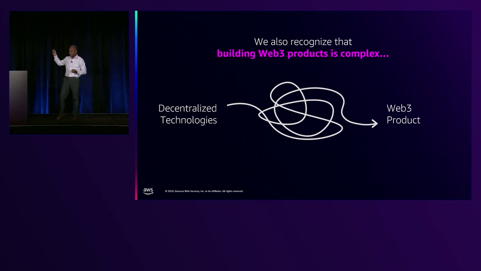When you start building Web3 products, you're looking at all of these different building blocks, these decentralized technologies you want to pull together, but to get to that Web3 product, it's a really complex process. It's not easy to leverage all of this, make all the right choices, and get your product out. The adoption of these decentralized technologies itself is not the end goal.